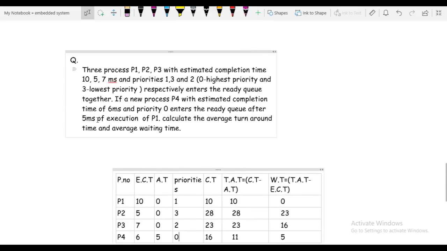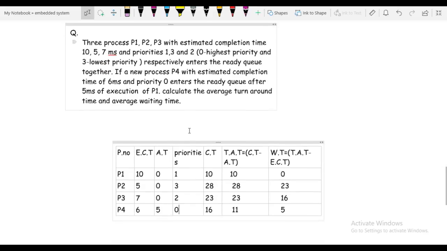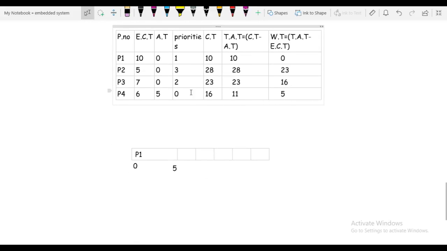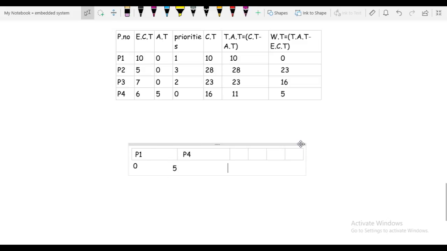After 5 milliseconds, we find that P4 has arrived and the priority of P4 is 0. So we'll execute P4 next because it has the highest priority, till 11, because 5 plus 6 is 11.